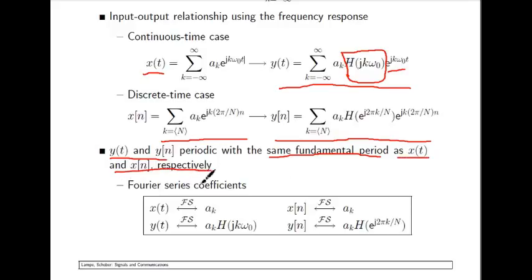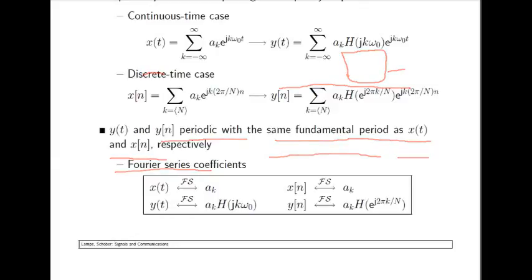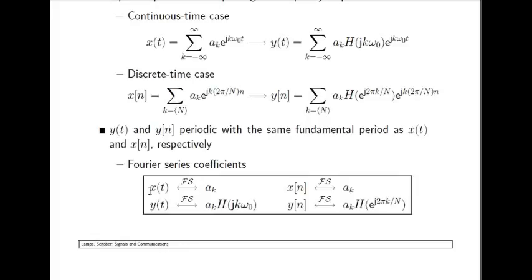This is the summary of the Fourier series coefficients of the frequency response. If x of t has Fourier series a k, then y of t will have Fourier series a k into H of j k omega naught.